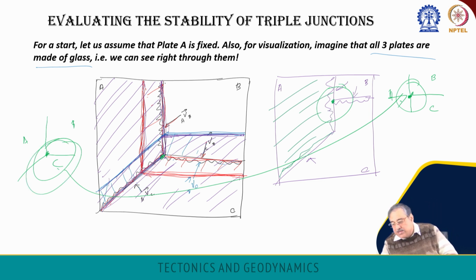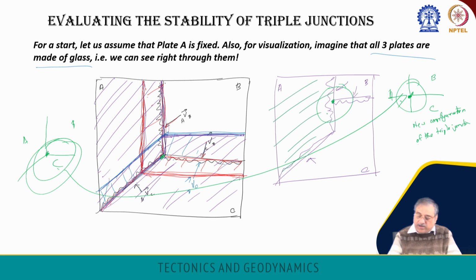So this now means that this is the new stable configuration of the triple junction, which means that it has evolved to a different geometry.